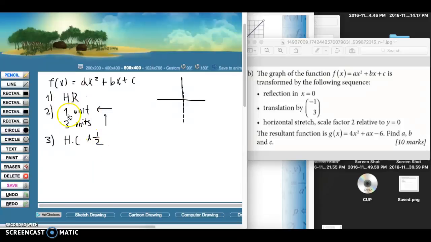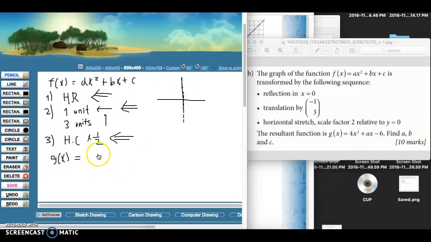And then we want to see in what order we'd apply these transformations to f of x. So we can write g of x equals, we can start from here, do this one, this one, and then this one, because for horizontal, we always reverse the order that they're given.